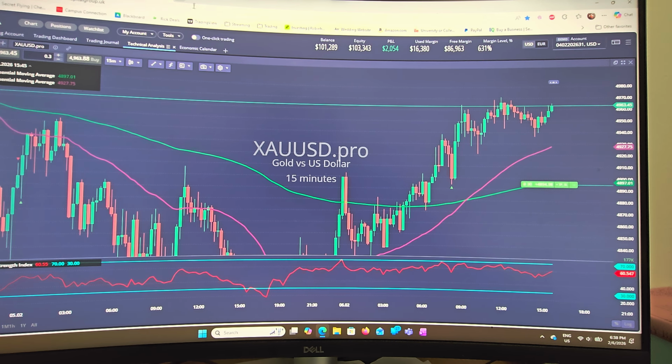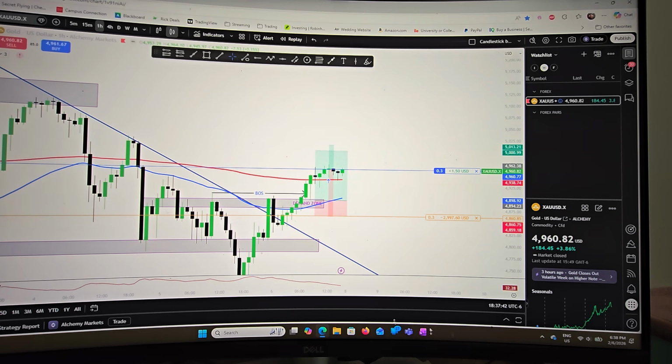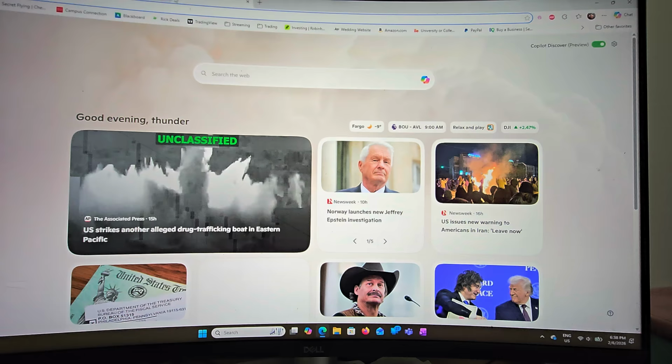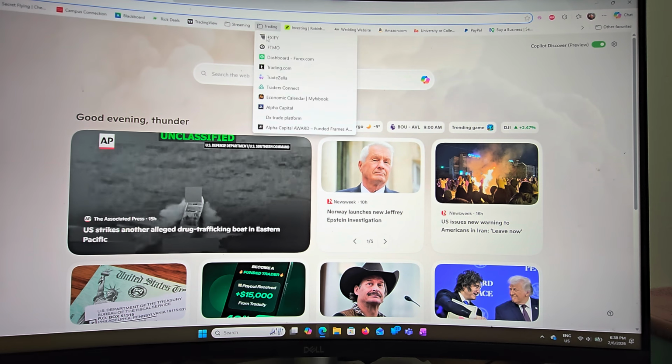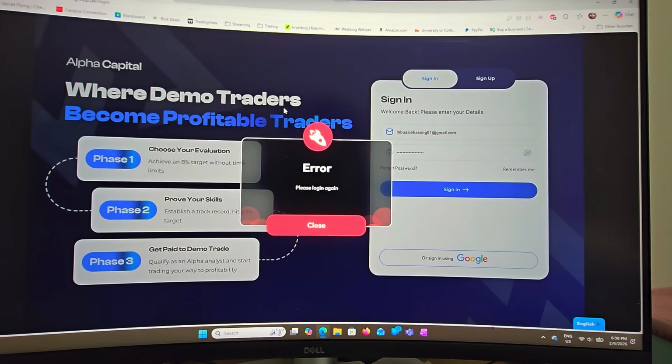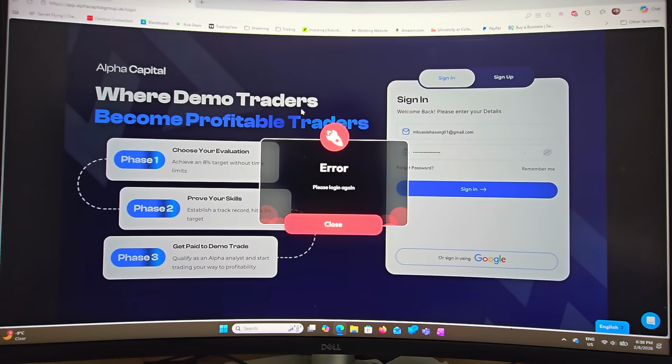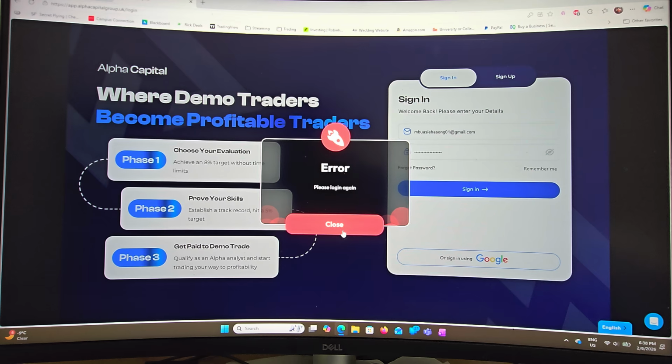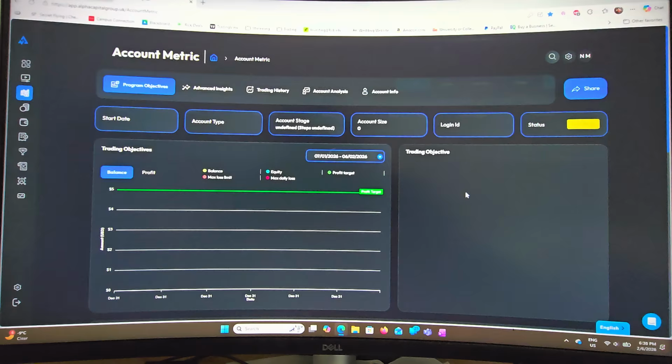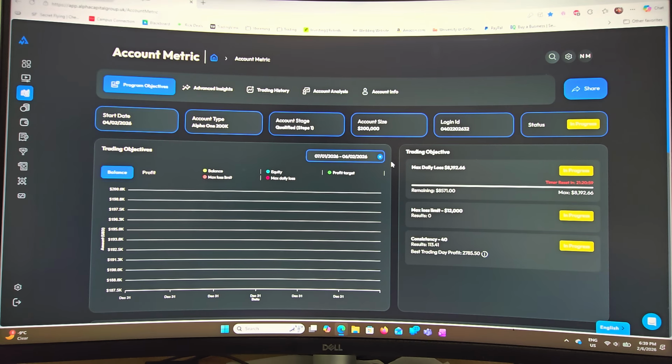So that's good. What I want to do next is, let's go to a DX trade and see where we're at. Let me sign in here. This is a 200K account.